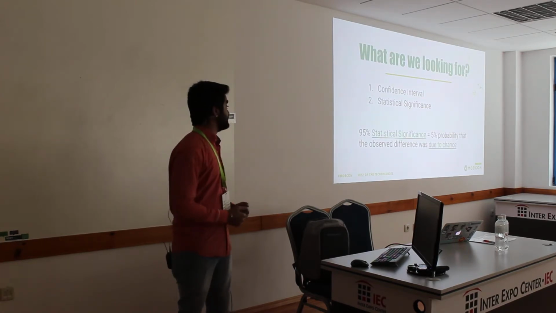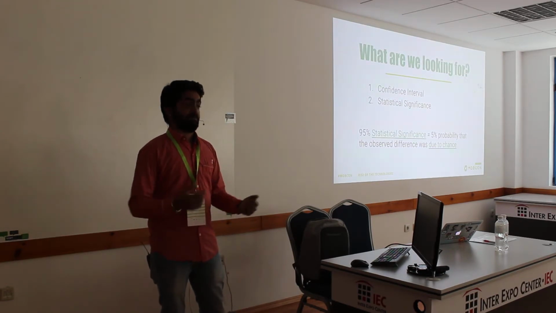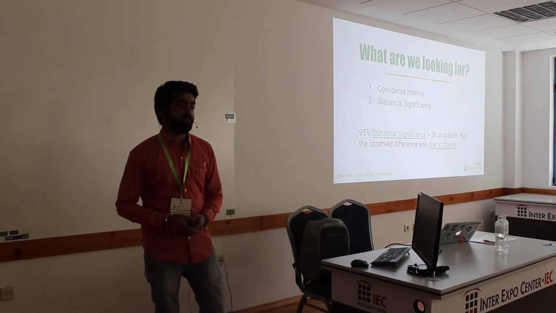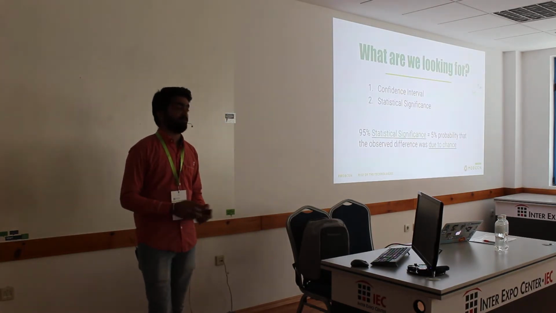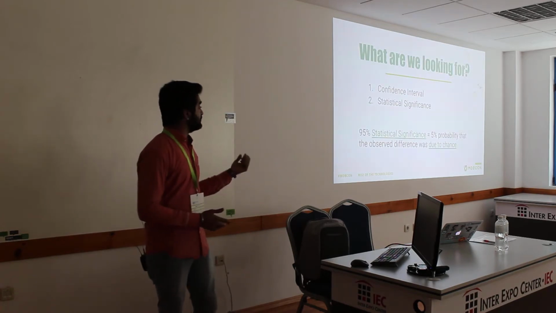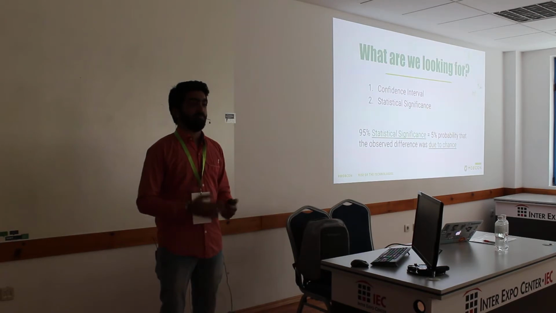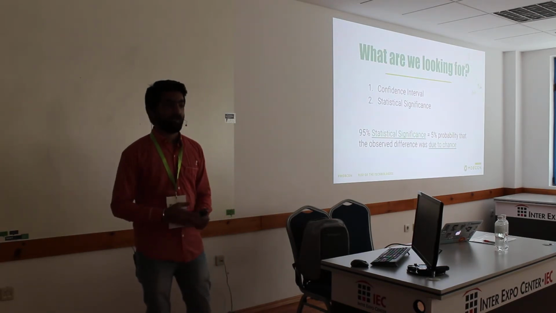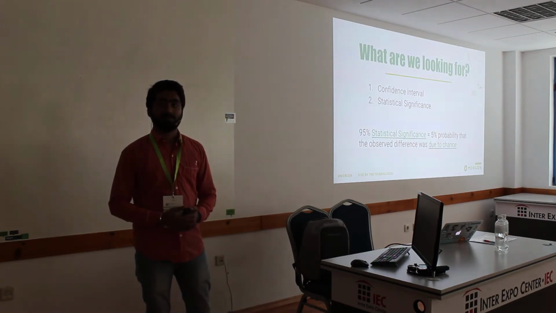So you always want to increase that, but practically you cannot achieve 100% statistical significance because there's always going to be some chance which is taking place due to bias or due to different factors. So you either try to keep it at 95, or if you want to go higher, you may want to keep it at 99, so that you have only a 1% chance that your observation is just because of chance.